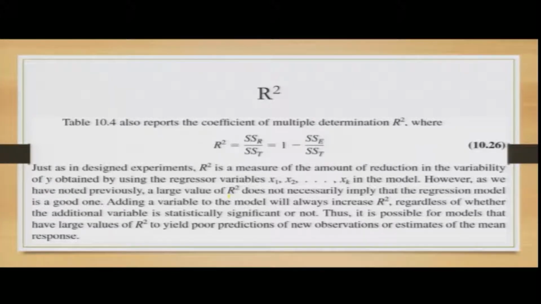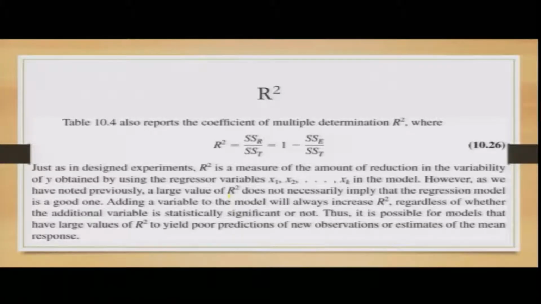However, as we have noted previously, a large value of R square does not necessarily imply that the regression model is a good one. This is interesting, so listen to it. Adding a variable to the model will always increase R square, obviously, because you are adding more and more variables. We think that we are able to predict more and more, regardless of whether the additional variable is statistically significant or not.